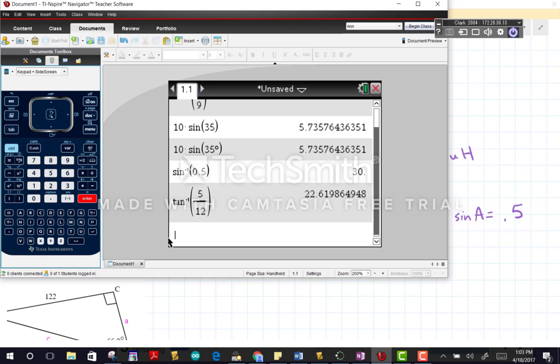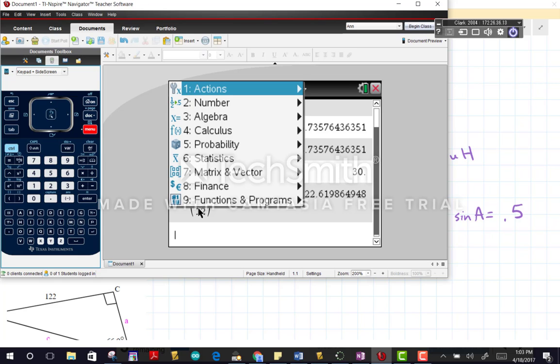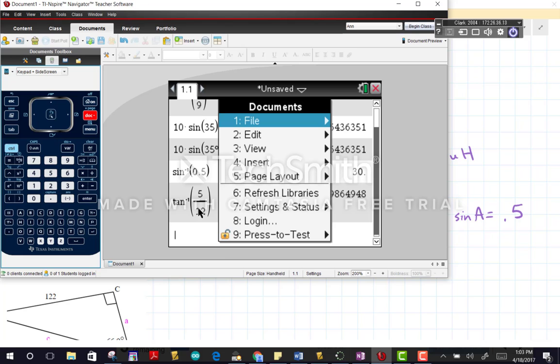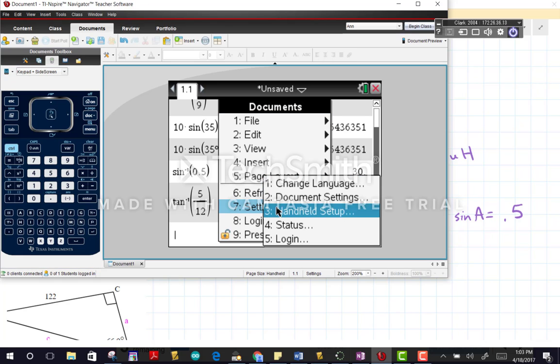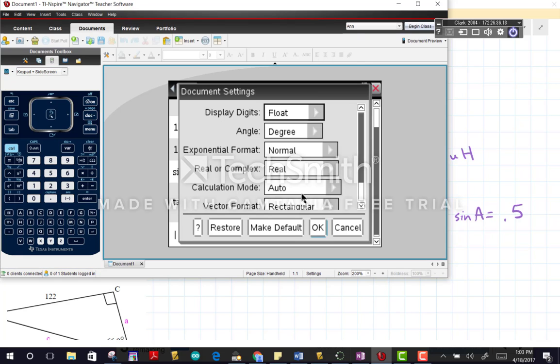Okay, so earlier when I gave you directions to make sure your calculator was in degrees, did you do that? And you did it, so you made sure it said degrees, and then you said make default. Okay, did you pick tan inverse just now? So you have tan inverse of 5/12. All right, so go to your menu. Nope, sorry, I do that wrong. Every time go to document, go to settings, go to document settings, and tell me what that second thing says.